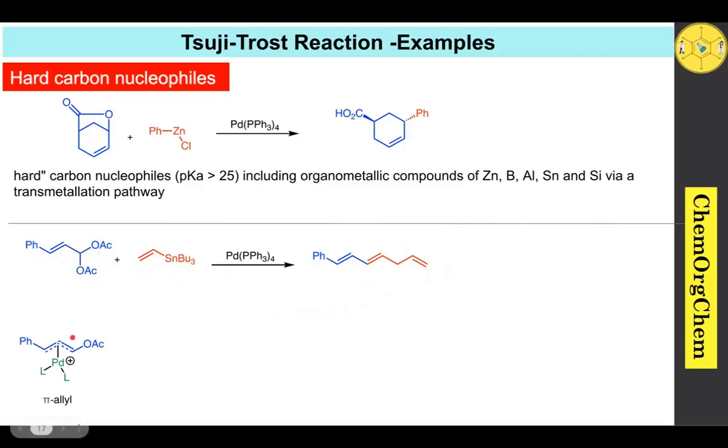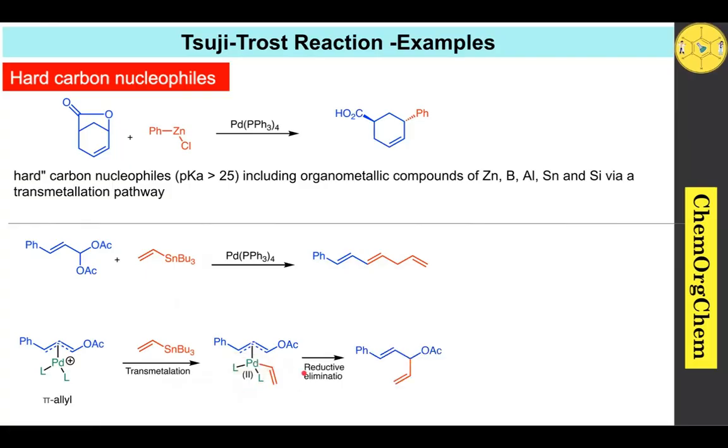So initially, when it interacts with the palladium complex, that generates this corresponding pi allyl palladium species. Now this organo-tin species undergoes transmetallation with this palladium center, which generates this corresponding intermediate, followed by reductive elimination to produce this corresponding product. Now again, this one is an allylic fragment with a leaving group.